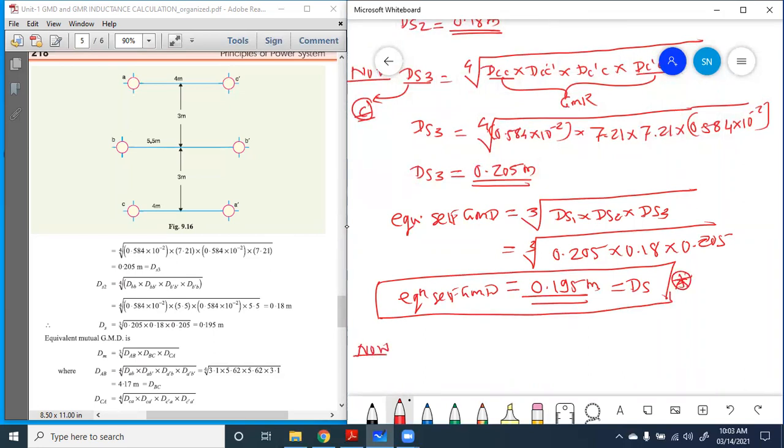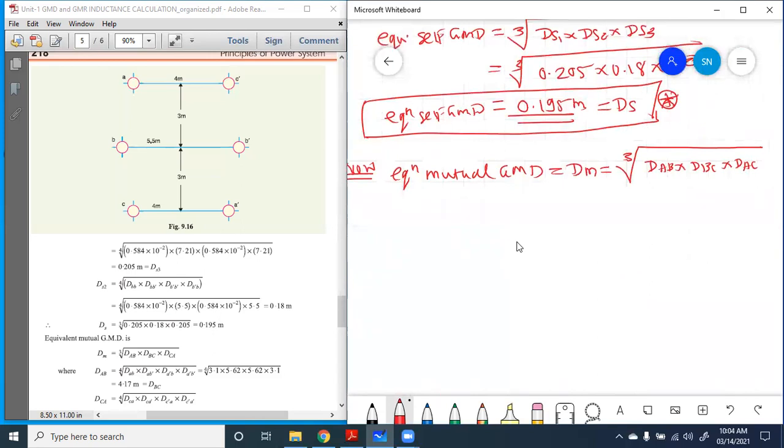Now what is the formula for the equivalent mutual GMD? That is DM is equal to, for such a condition, cubic root of DAB into DBC into DAC. Now what is DAB?